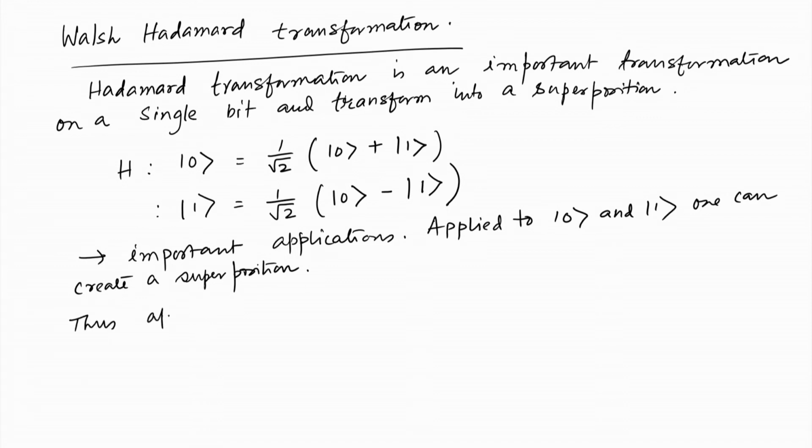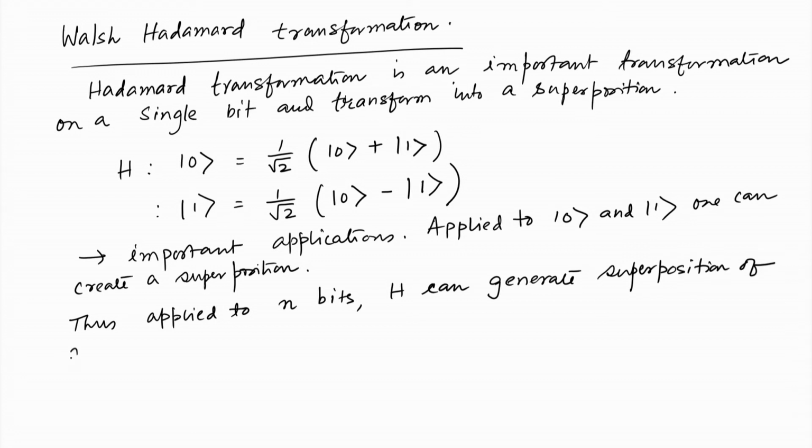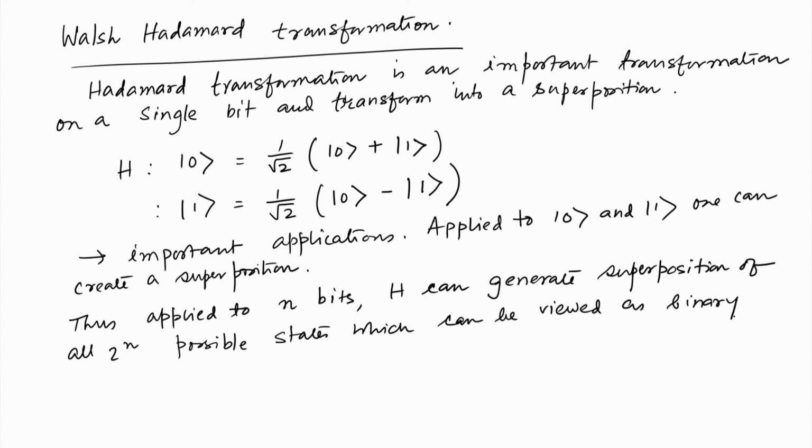Applied to n bits, H can generate a superposition of all 2 to the power n possible states, which can be viewed as a binary representation of numbers from 0 to 2 to the power n minus 1.